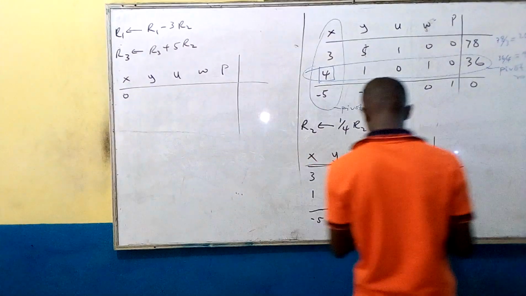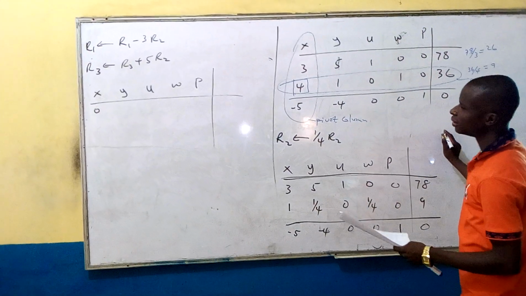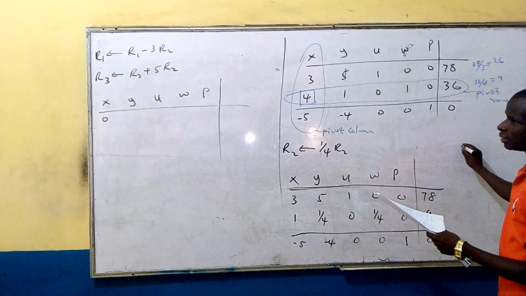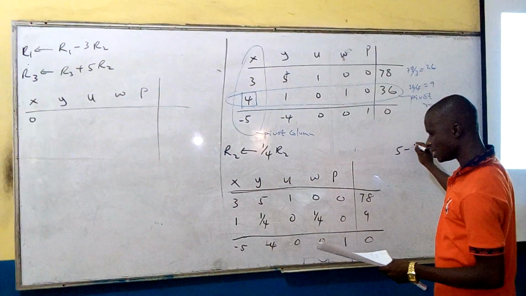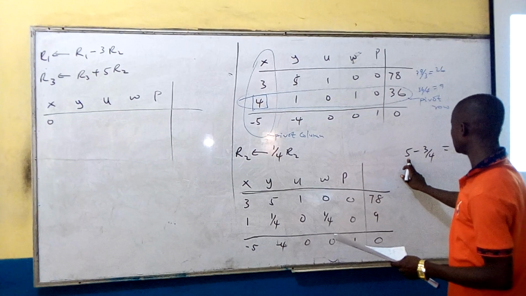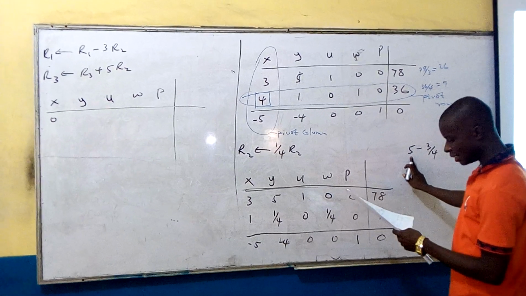What would that be? 5 minus 3 over 4. This is what? 9.